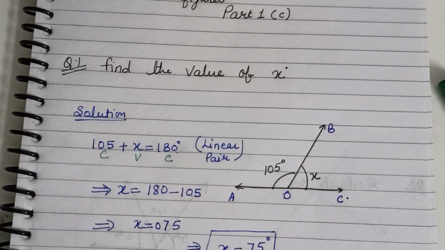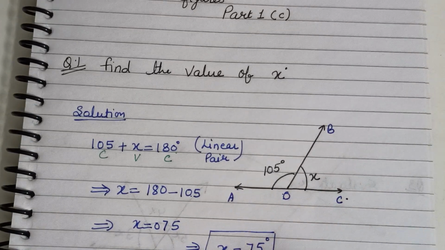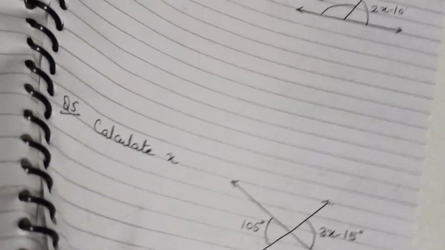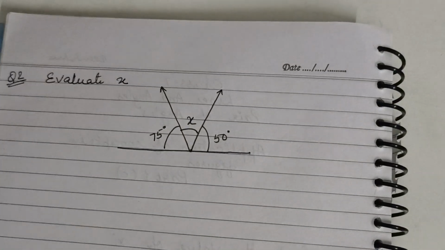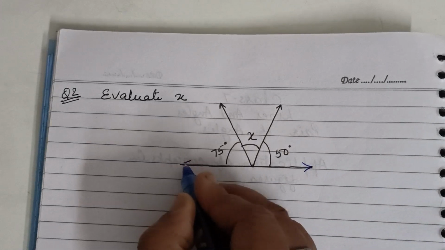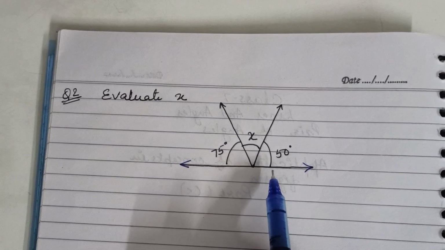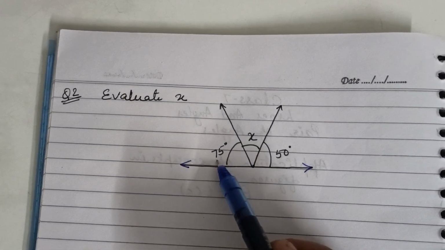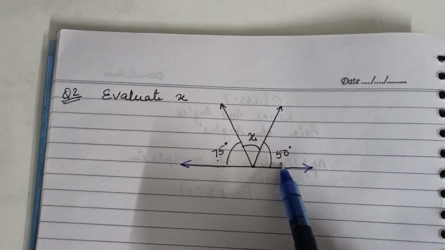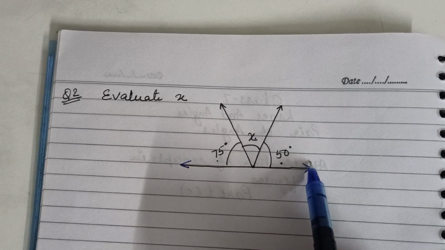So in this way, by application of the concept of linear pair, you are able to find out the value of x. Now proceed with more problems. Here again you can see, evaluate x. Now the straight angle 180 has been divided into three parts. One part is 75 degrees, another part is x, and the third part is 50 degrees. The sum of all these three angles will be 180 degrees.